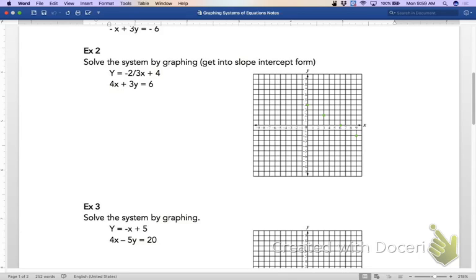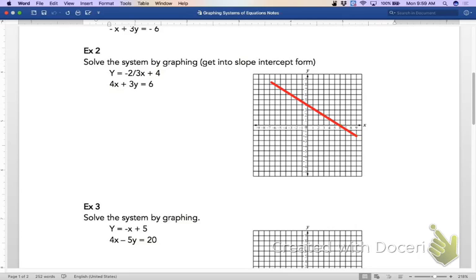And then just connect my points. Now, what I would suggest is running that line. Don't just find 2 points and connect the dots and go. Run a line all the way across the graph, because you don't know where my other equation is going to fall.